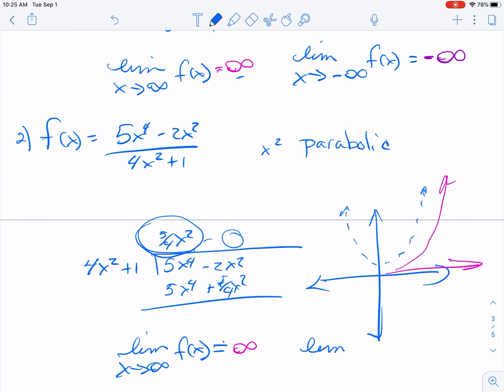When I take the limit as x goes to negative infinity, x is going this way, my y's are still going up in the air, so the answer to both of those is positive infinity. It helps define the function for you.